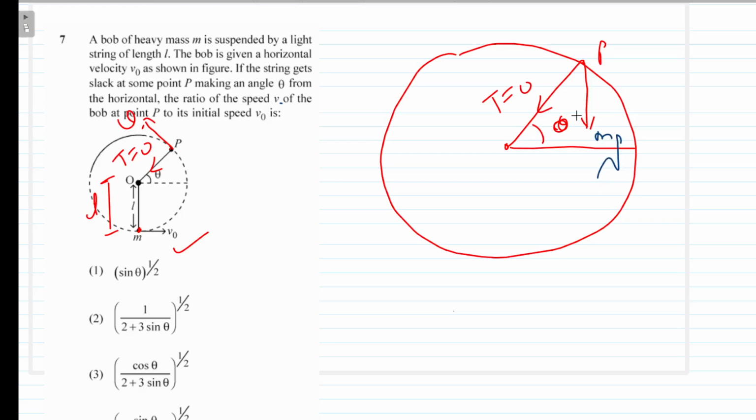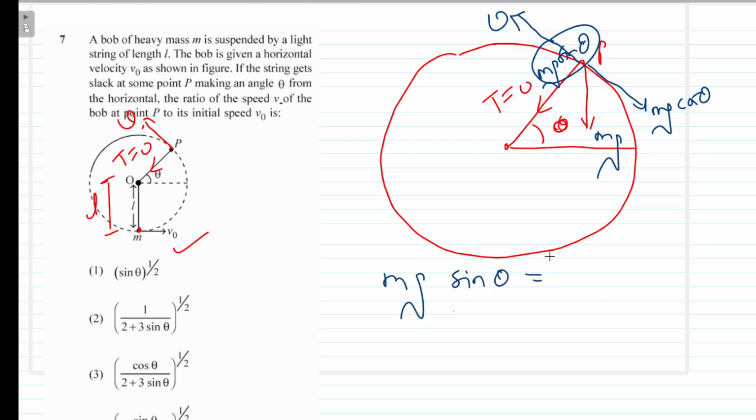इस weight के दो components हैं, this is the vertical and this is the horizontal component mg cos theta. Okay, so this provides the necessary centripetal force and v velocity is acting in this direction. So mg sin theta component provides the necessary centripetal force क्योंकि यहाँ tension 0 है because of the slack.